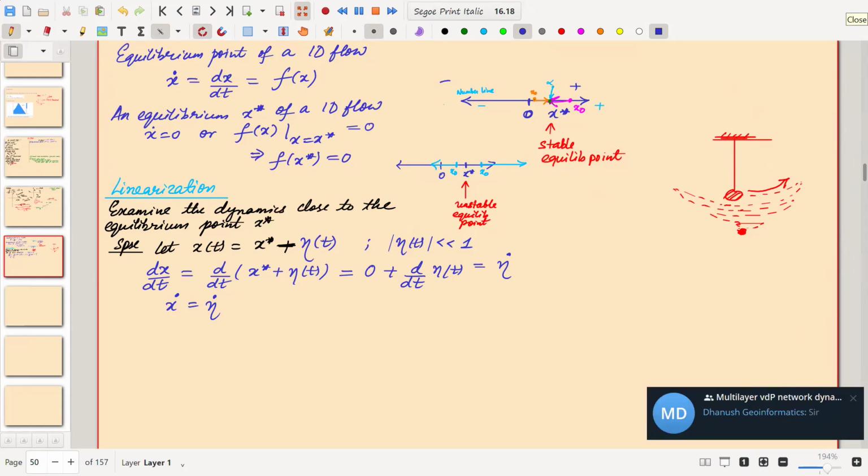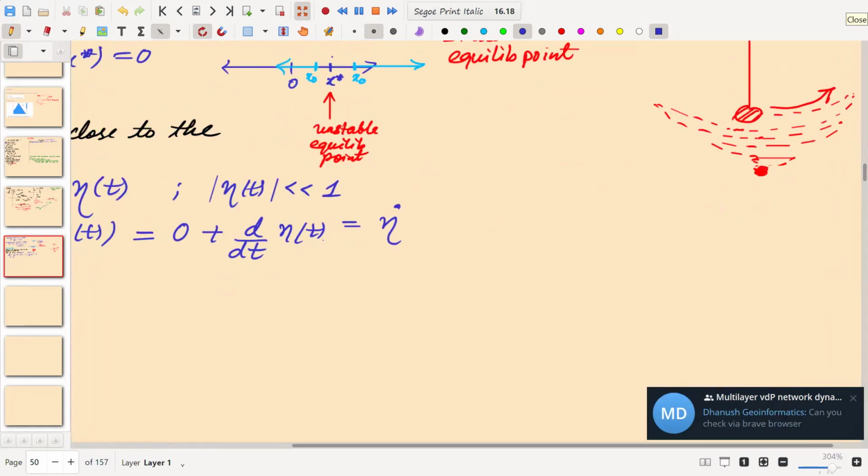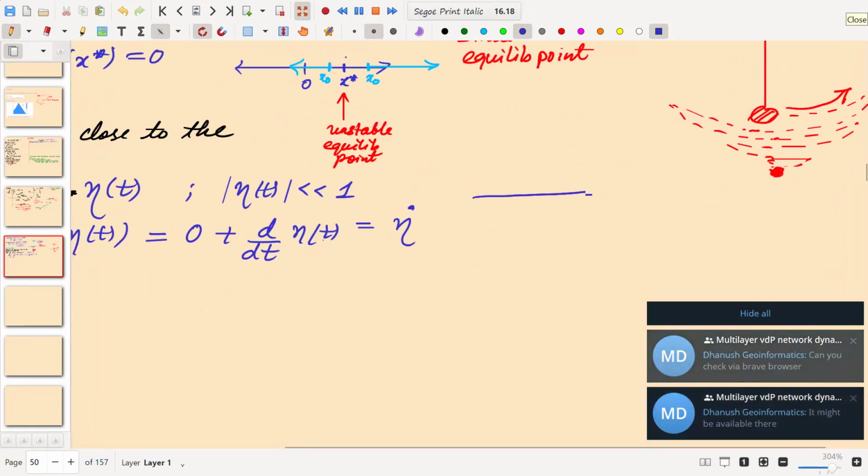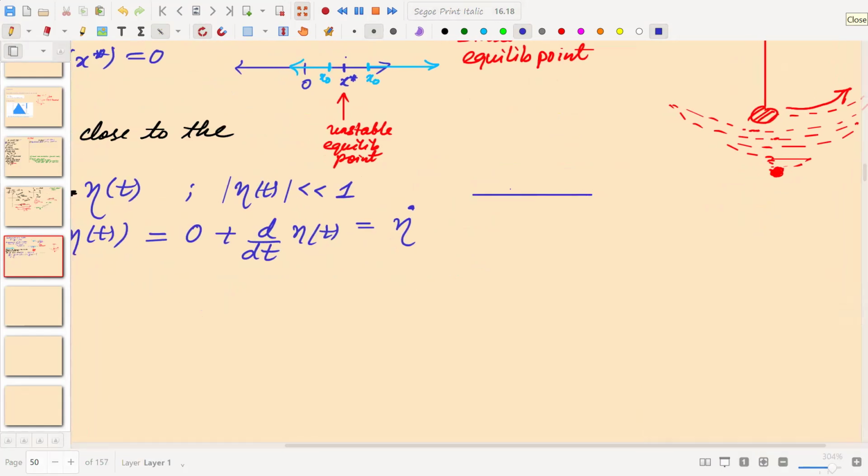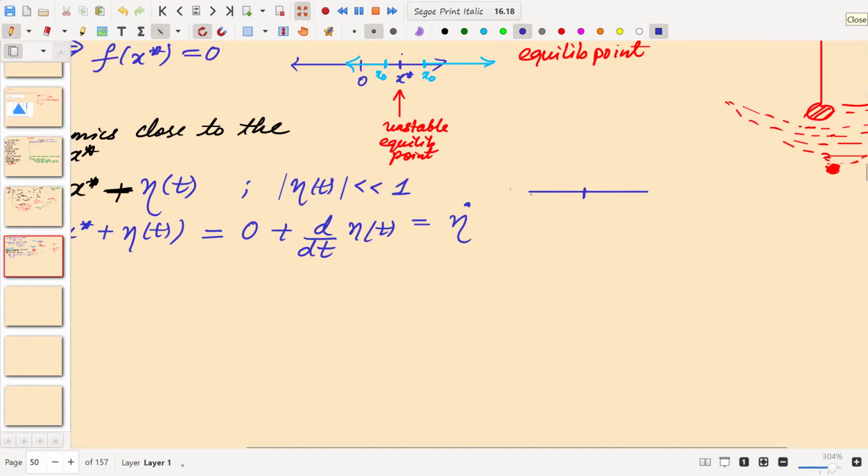Another way of saying this: this is your fixed point x star, and you perturbed it to here, x star plus eta t.